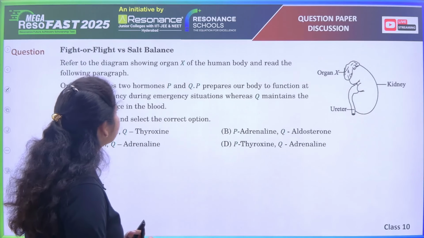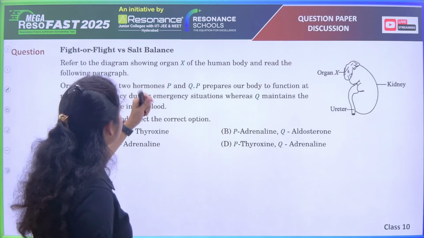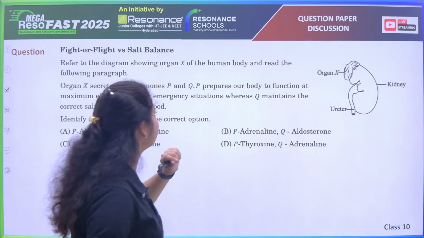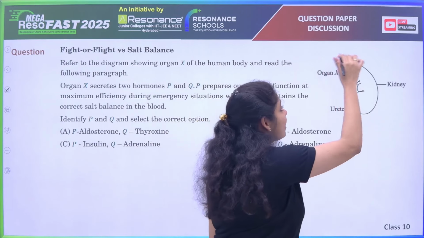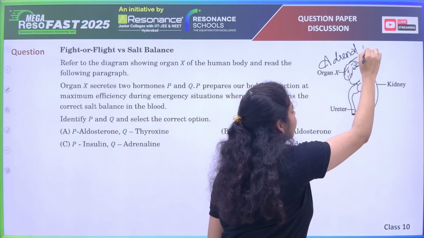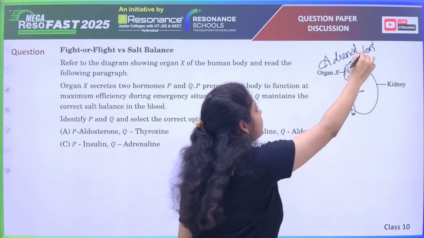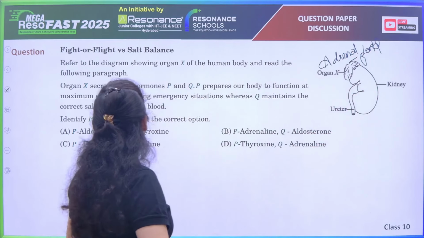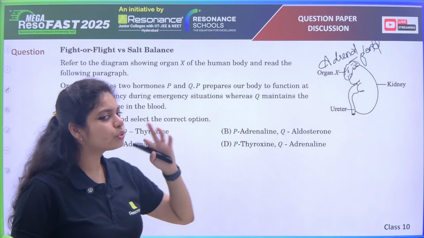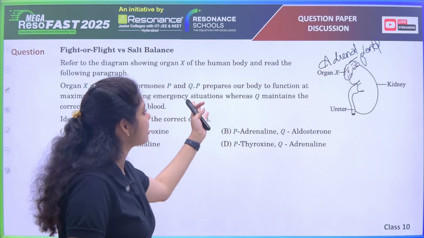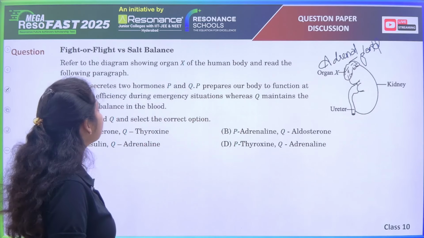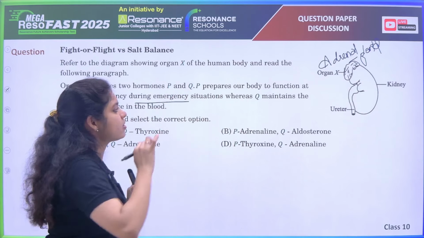This is regarding the salt balance. Referring to the diagram showing the organ X of the human body, read the following paragraph. Organ X is nothing but the adrenal gland. Organ X secretes two hormones P and Q. What are the two hormones? P prepares our body to function at maximum efficiency during emergency situations.